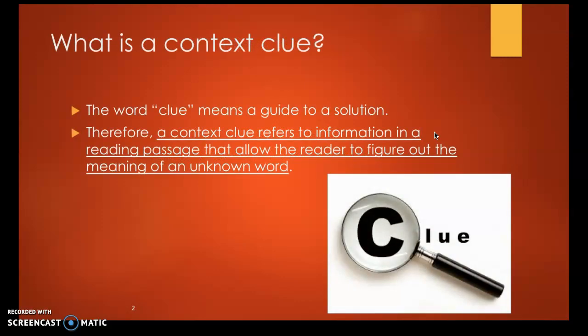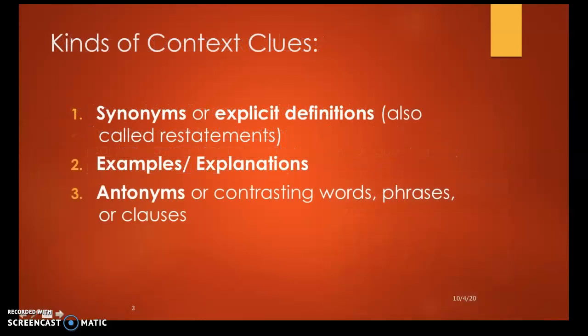A context clue is some information in the passage that's going to help you figure out the meaning of a word without looking it up. And there are different types of context clues. Sometimes a word will simply be defined. There will be an explicit definition. These are called restatements.